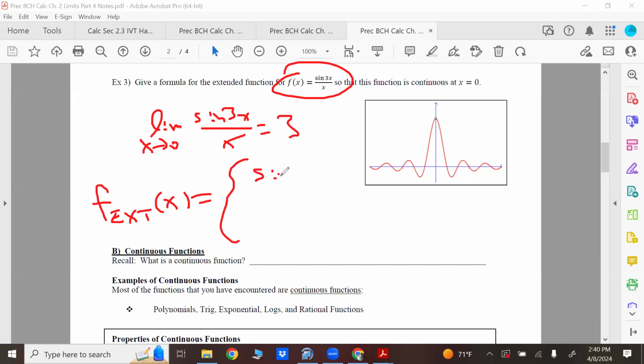So I'm going to write sine 3x over x when x does not equal 0. And that's all, because I know what the limit is, but there's no point there. So you see why it's a point discontinuity. The point did not exist, but the limit did.